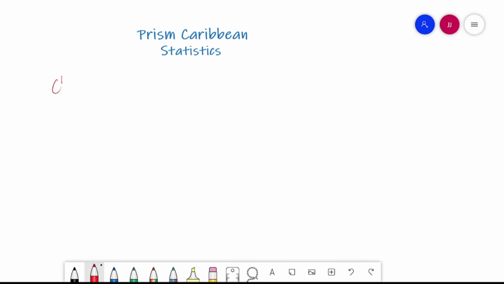I'm going to go through class boundaries now. For class boundaries, we have to note that we are dealing with the decimal 0.5.